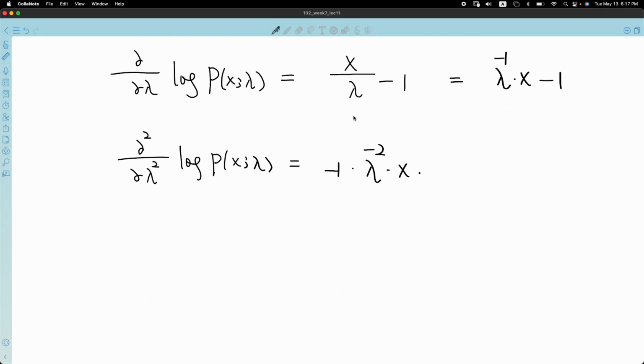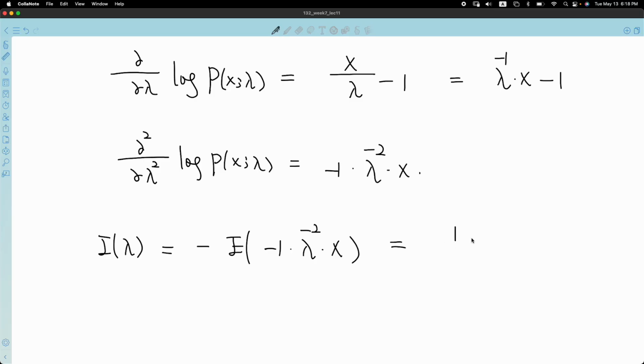So now we are ready to calculate the Fisher information. So the Fisher information, again by definition, here I'm going to write I of lambda as the parameter, I of theta, is equal to the negative expectation of the Hessian. The Hessian is referring to the second order derivative. Okay, so I'm going to plug in the second order derivative here. So this is just the definition part. Okay, so the minus sign cancels out.